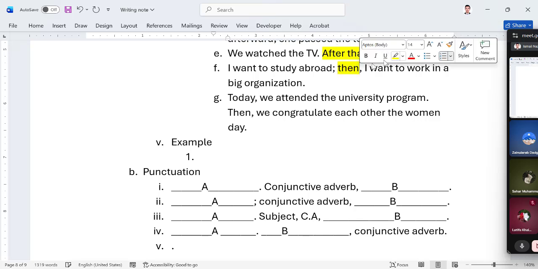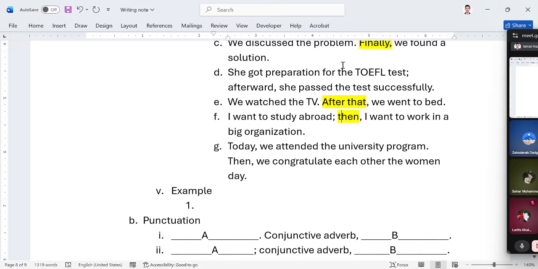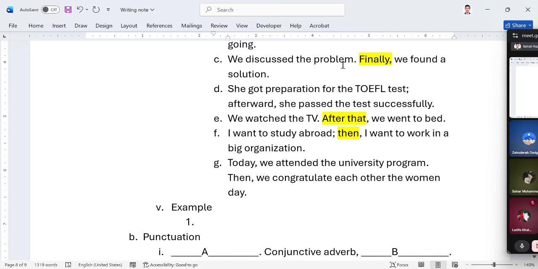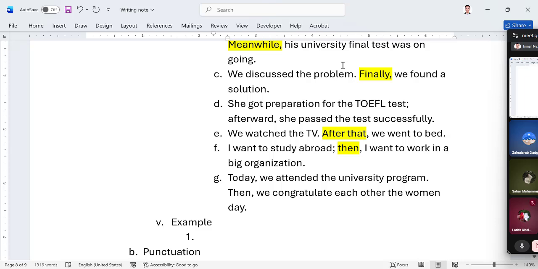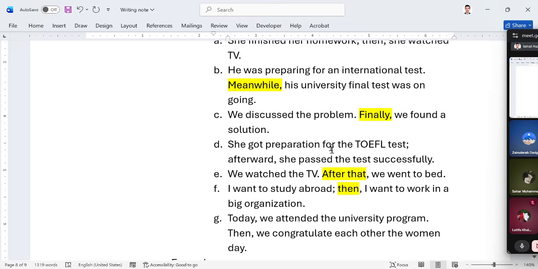Teacher, in the addition part we had besides and beside, and also afterward and afterwards, with this and without this. So what is the difference?